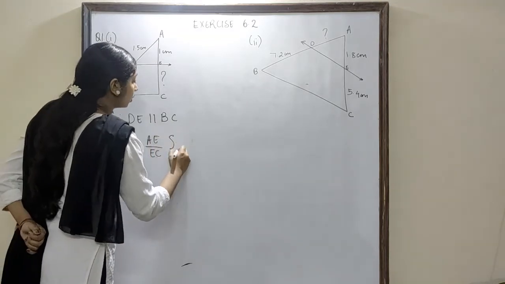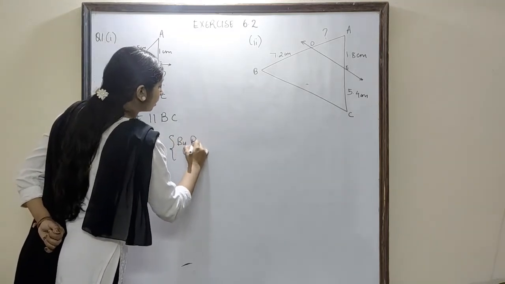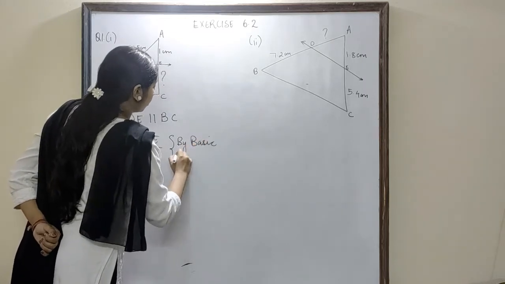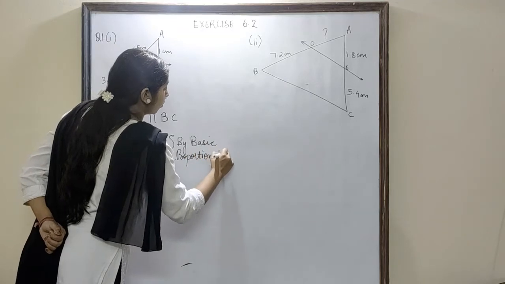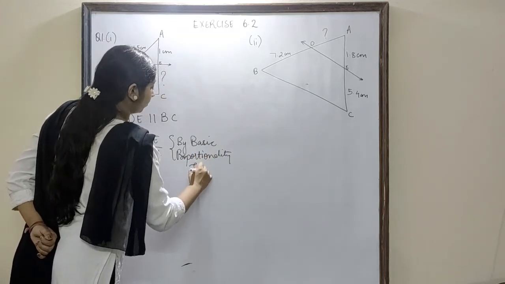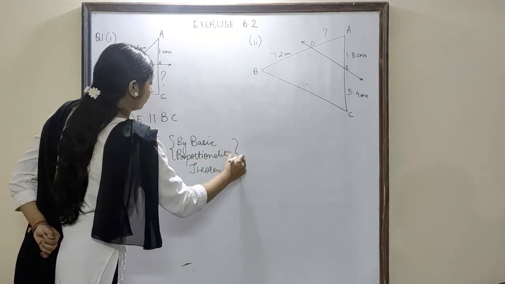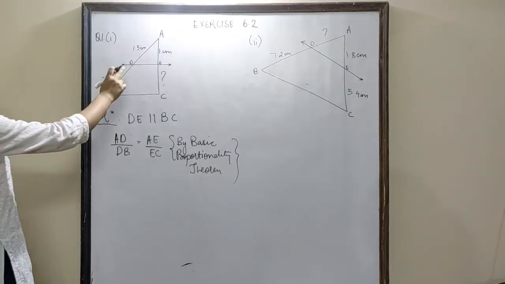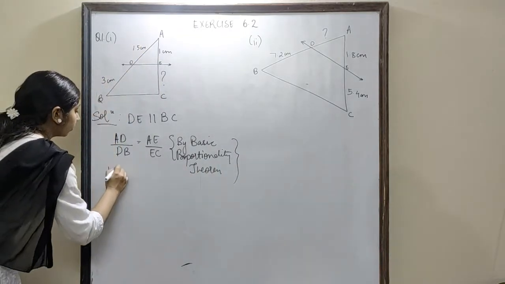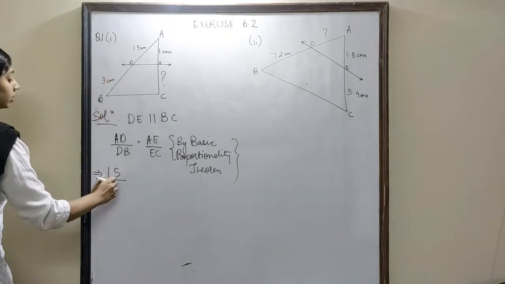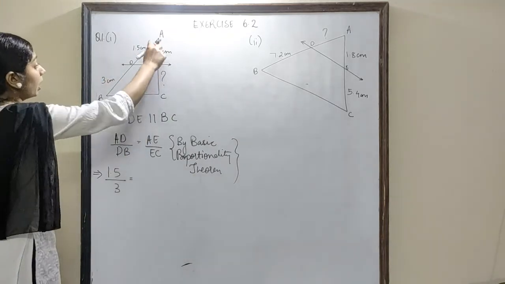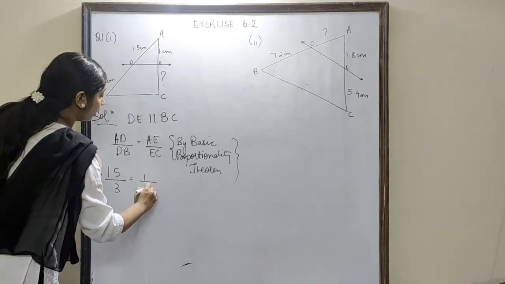Here we are going to write by basic proportionality theorem. So AD, how much is AD? It is 1.5 centimeter upon DB is 3 centimeter, which is equal to AE is 1 upon EC.